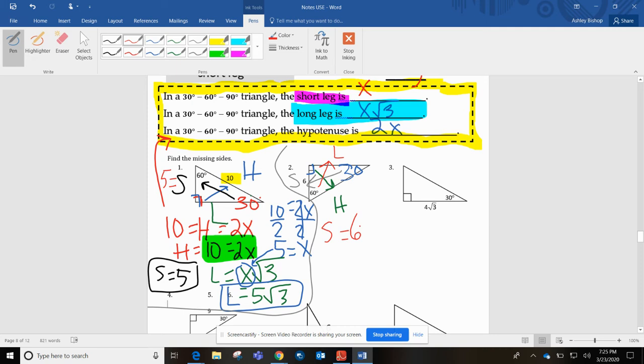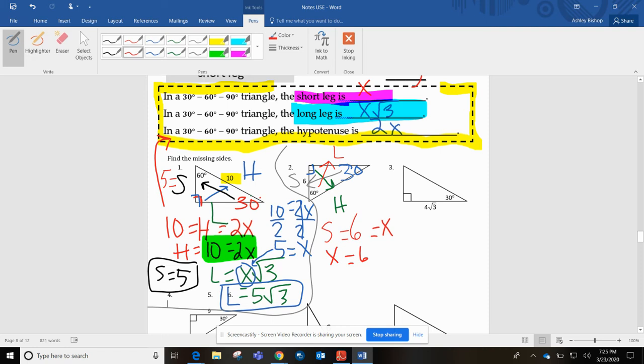Well, my rules tell me that my short leg is equal to x. So that just tells me something important. If my short side is equal to x based on my rules, but my short side is 6, that must mean that x equals 6.